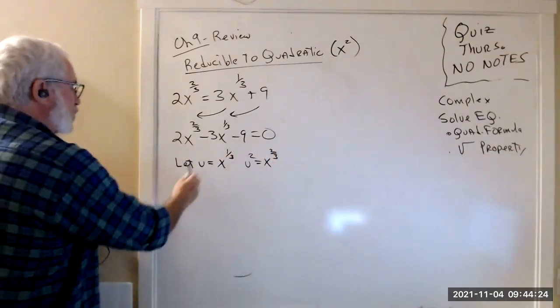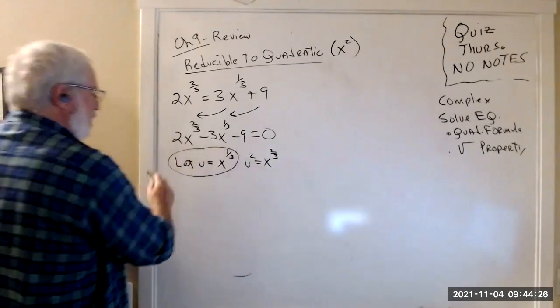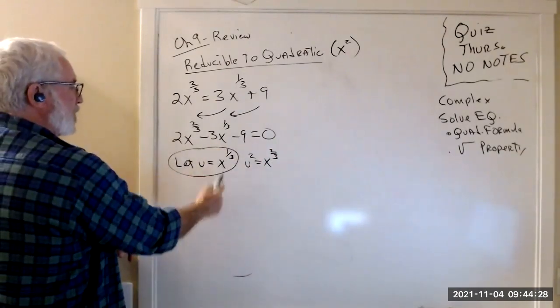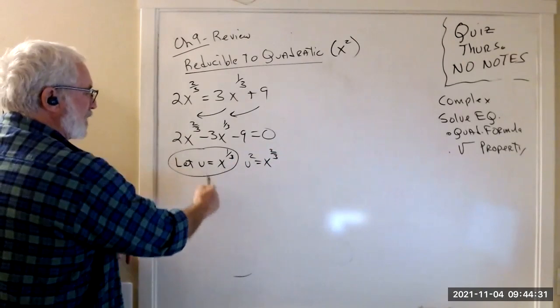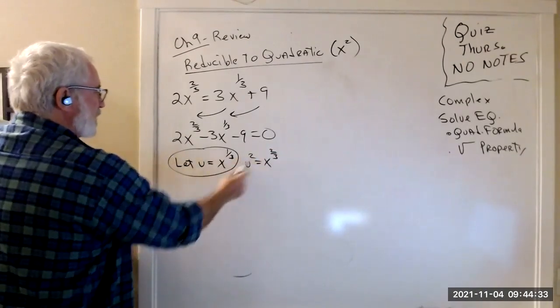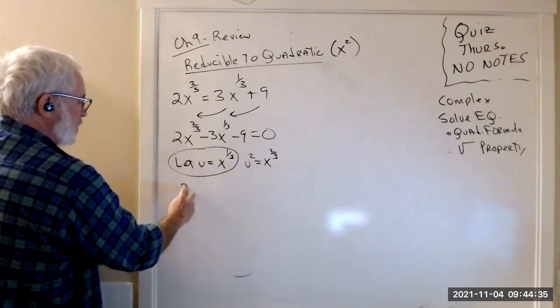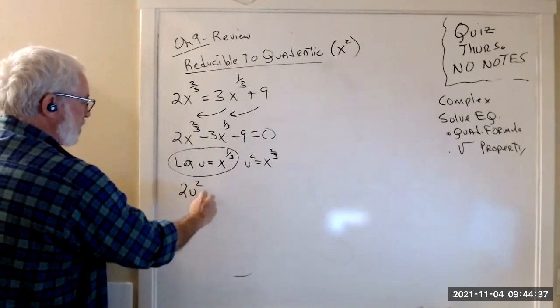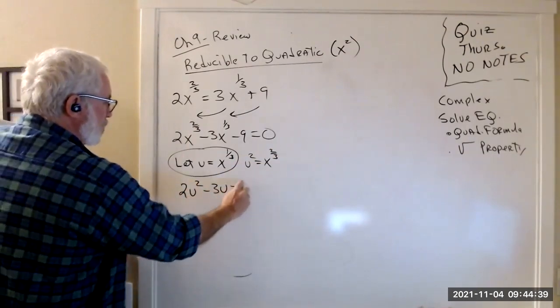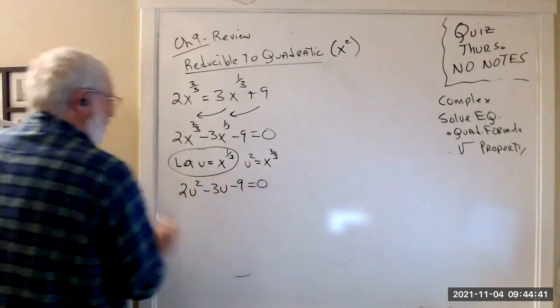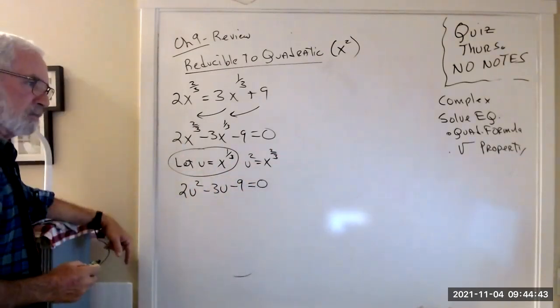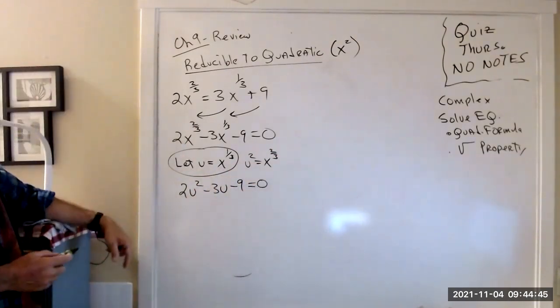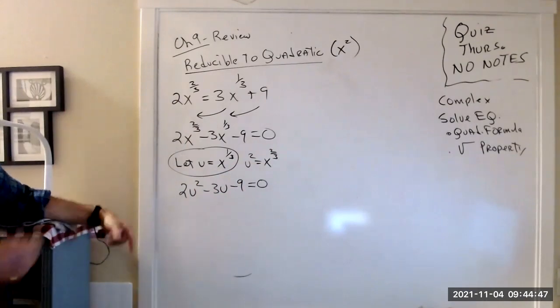So if u is x to the 1/3, then by squaring both sides of this, you get u squared as this. So what that means is this equation is now 2u squared minus 3u minus 9 equals 0. And that's an equation you can solve either by the quad formula or by factoring.